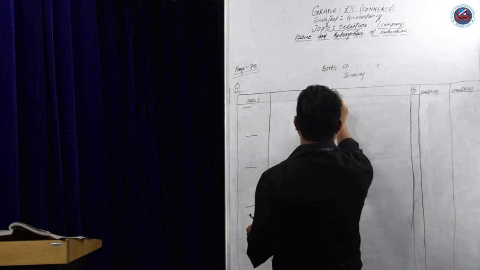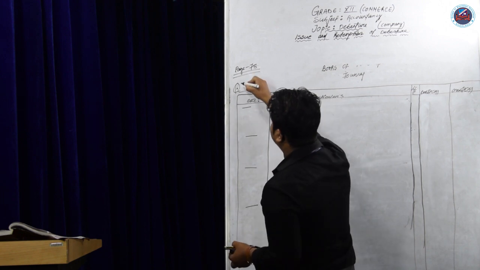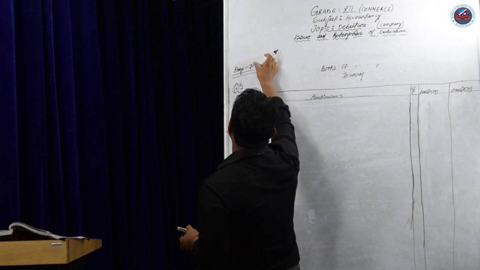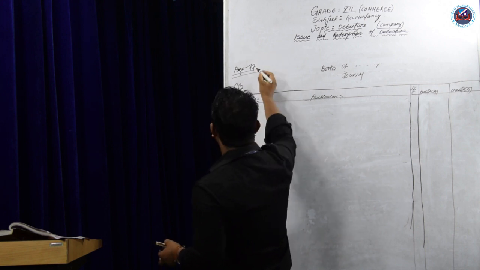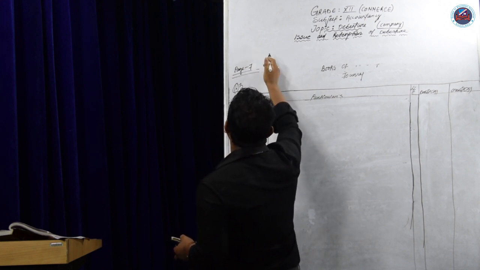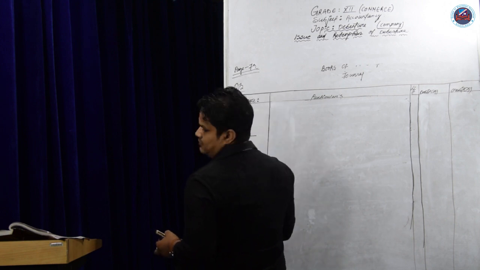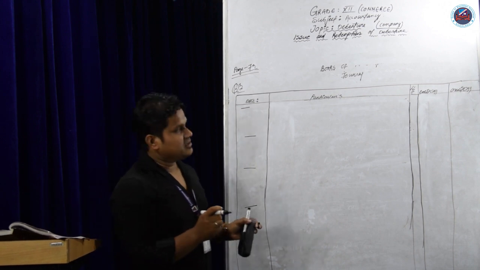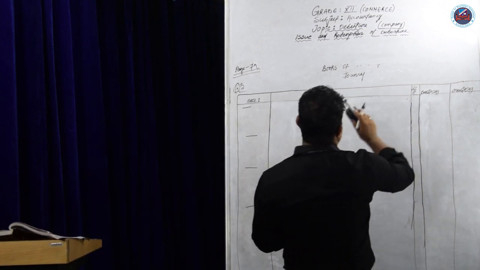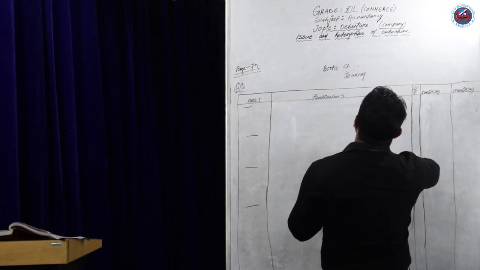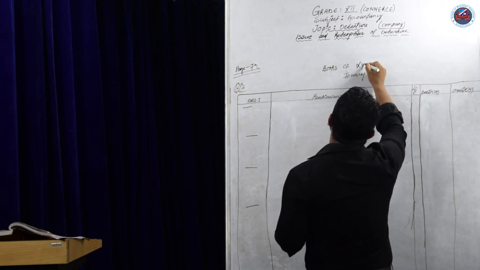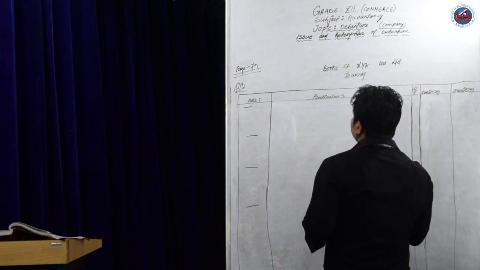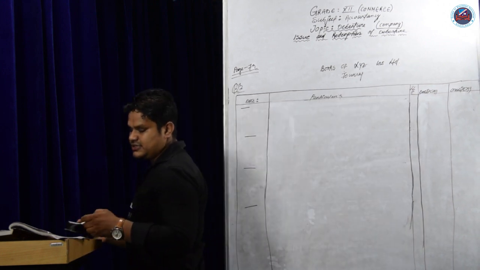What is the name of the company? XYZ Industries Limited. So write the name of the company: in the books of the company XYZ Industries Limited, journal entries. So I read the question.